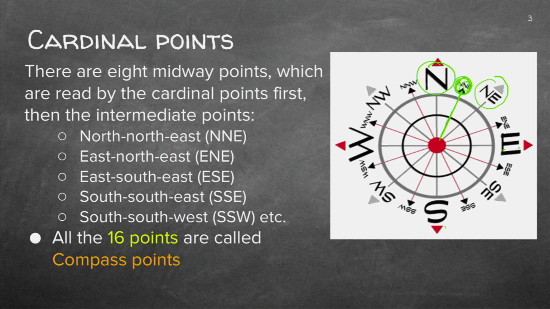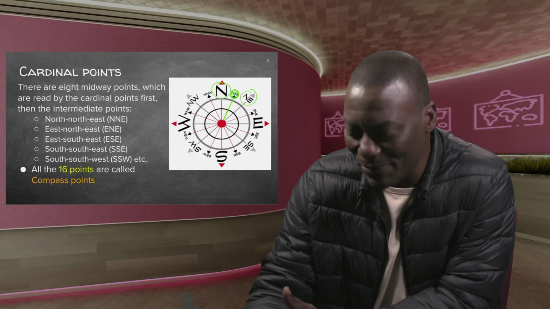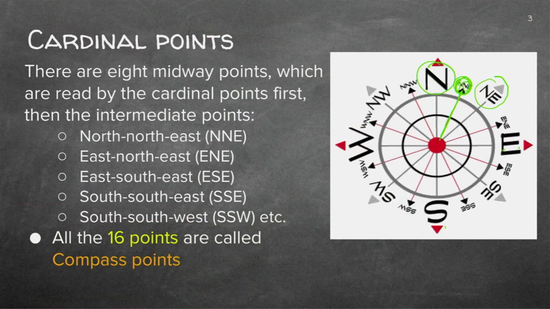The intermediate point between east and northeast is east-northeast, because the east will take precedence over northeast. It's a cardinal point, so it should be treated with more respect, so to speak, over the midway point. So we have this area called the east-northeast.